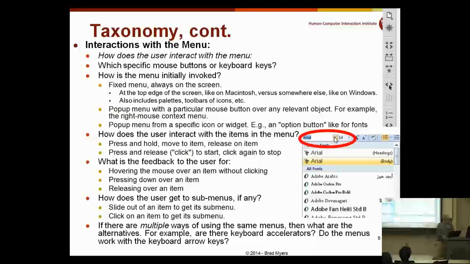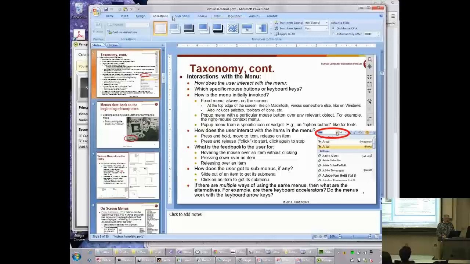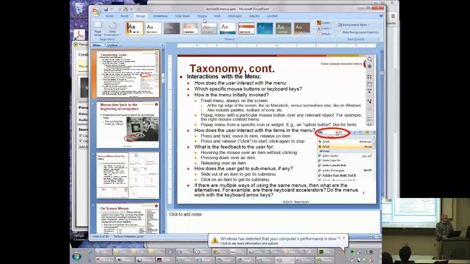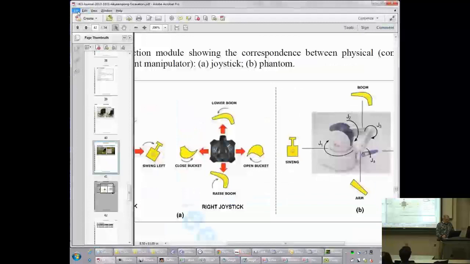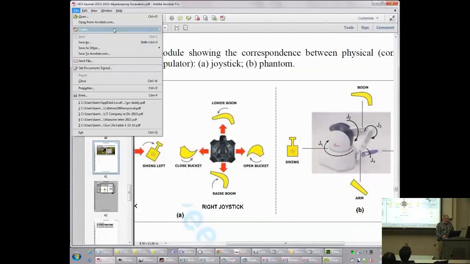So for these menus, if I slide around, it doesn't actually work, right? Whatever one I click on, I go there no matter what, right? So that's different than regular old menus, let's say, where you can go from item to item, right?